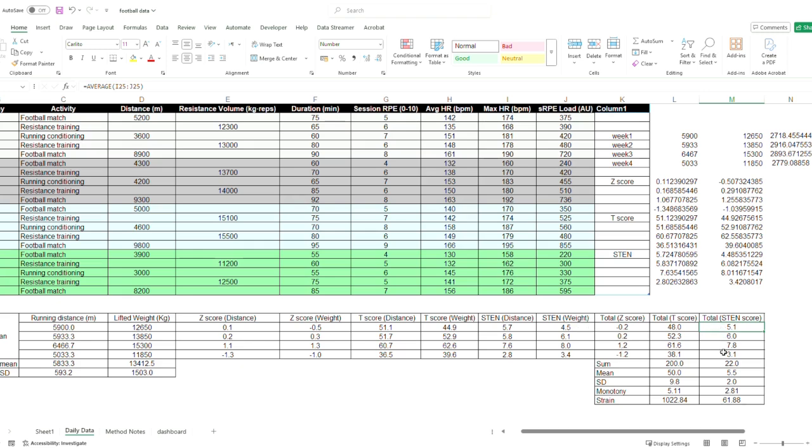Now we can average Z-scores, T-scores and STEN scores of different metrics, such as distance and weights, and create a combined score for each week.